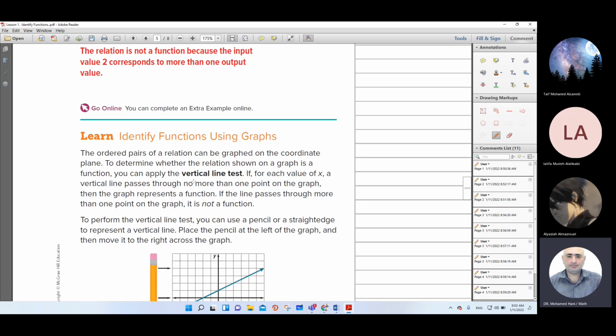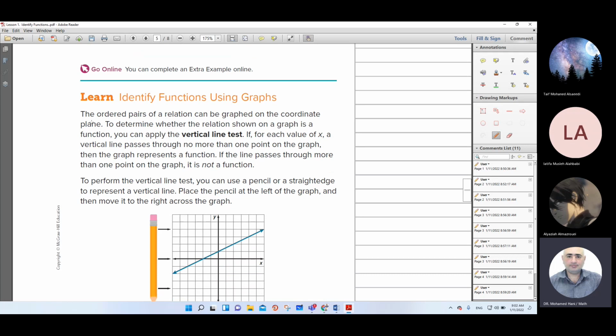Identify functions using graphs. The ordered pairs of a relation can be graphed on the coordinate plane. To determine whether the relation shown on a graph is a function, you can apply the vertical line test.